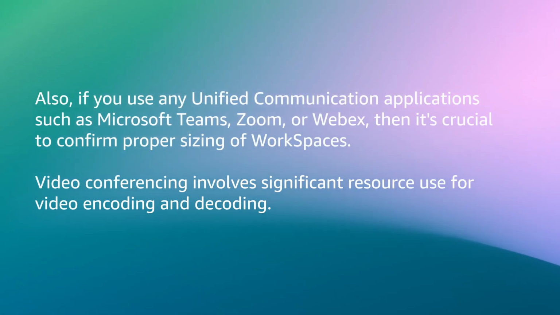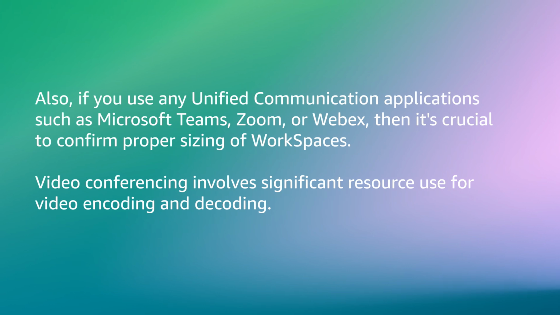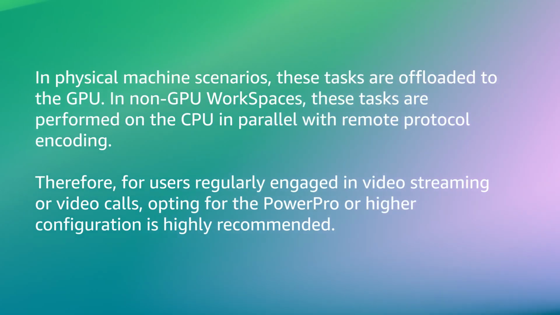Also, if you use any unified communication applications such as Microsoft Teams, Zoom, or WebEx, then it's crucial to confirm proper sizing of WorkSpaces. Video conferencing involves significant resource use for video encoding and decoding. In physical machine scenarios, these tasks are offloaded to the GPU.